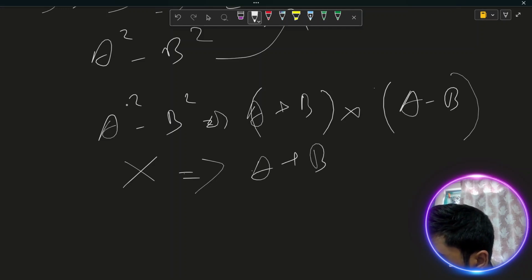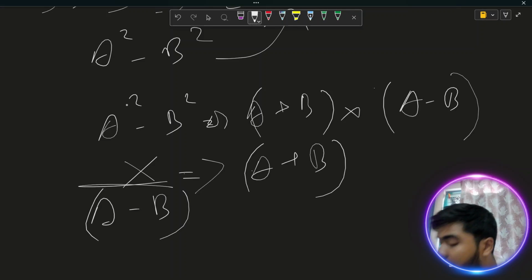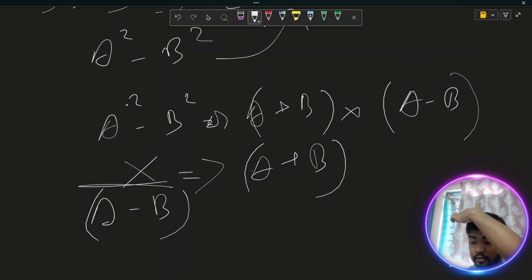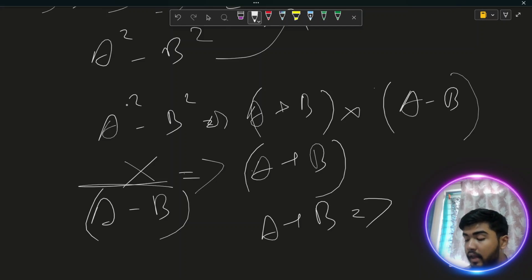So can we say a plus b equals x by a minus b? I guess yes. So this way a plus b is also calculated. We have a plus b and a minus b, both calculated.